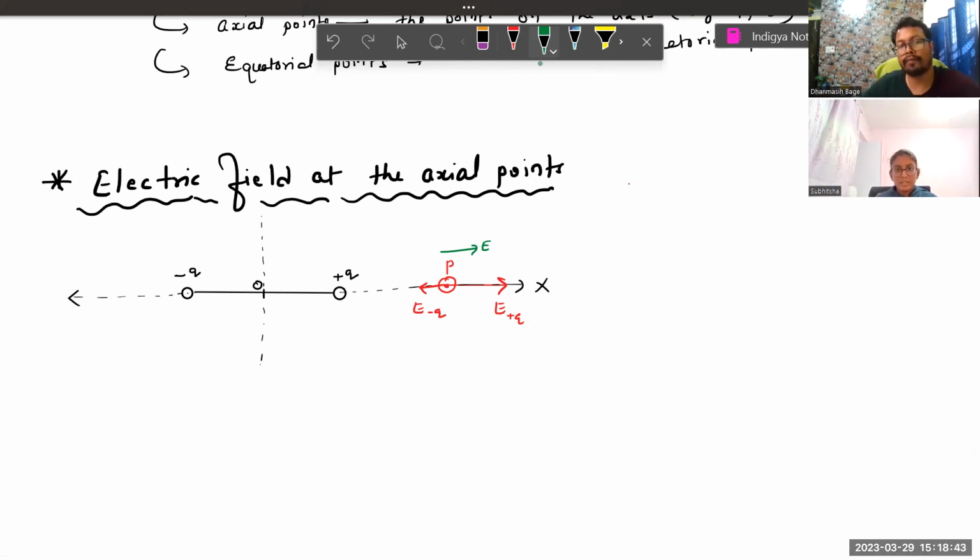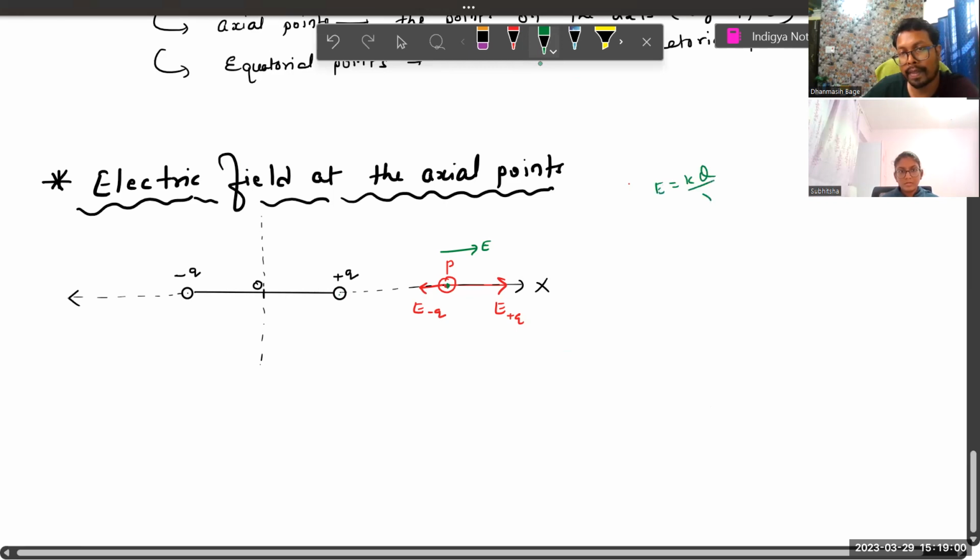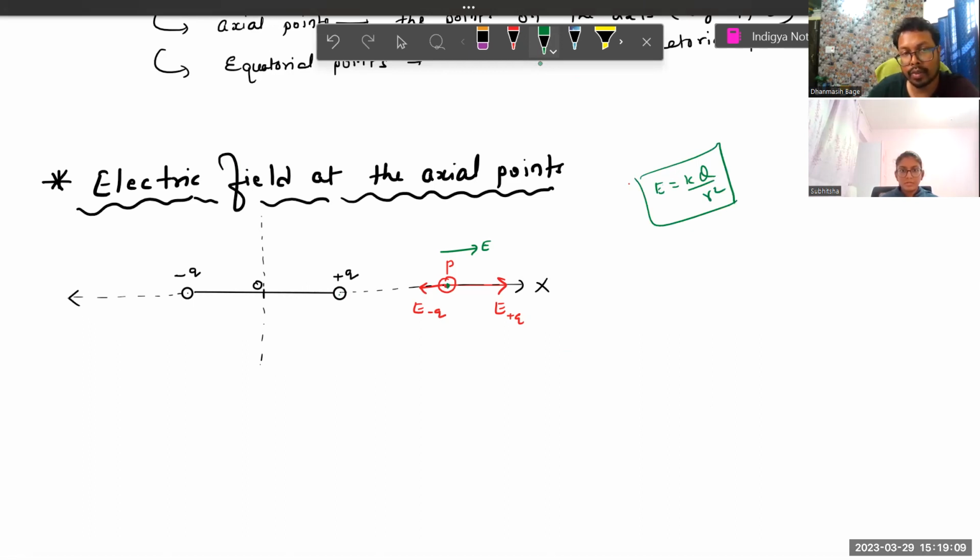Because how do we find out the direction of electric field? I told you, imagine a plus 1 coulomb of charge over here. Which direction will the force act? Last class I told you this. So due to positive charge, you know this thing, E is equal to KQ by R square. This formula we were talking about last class. This is the source charge.